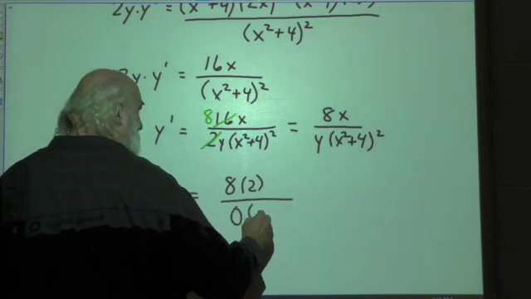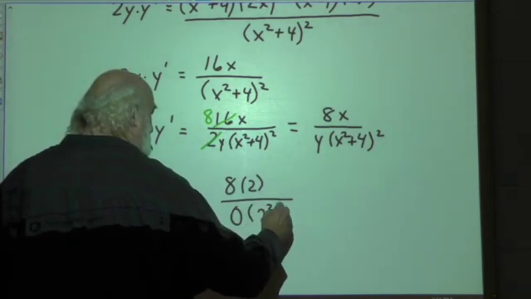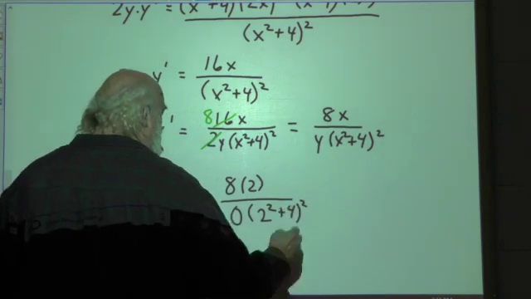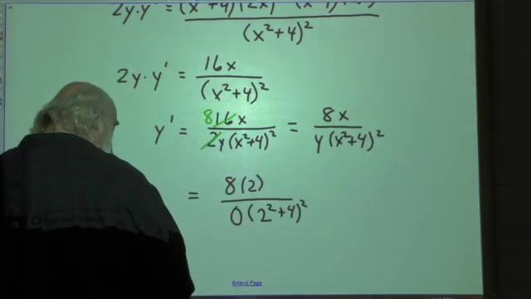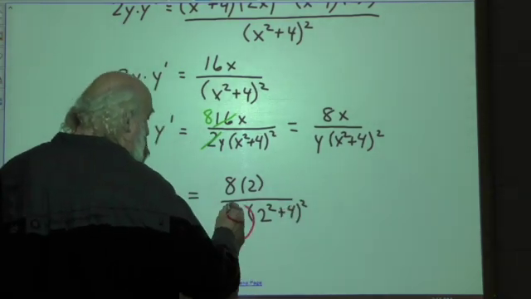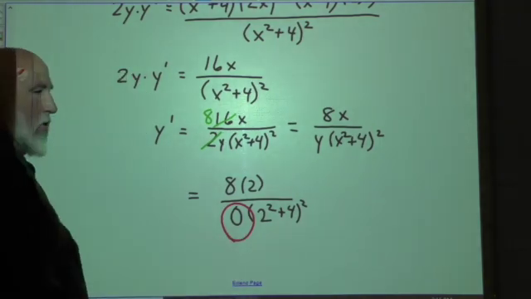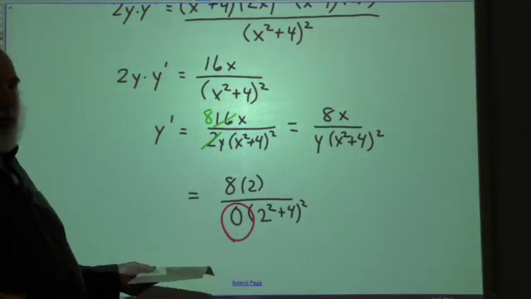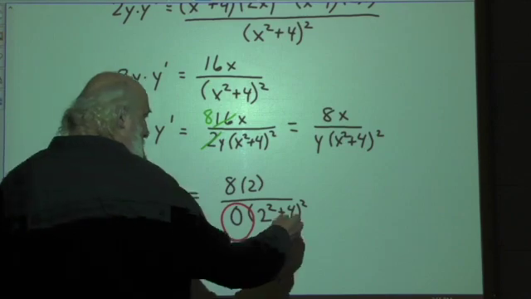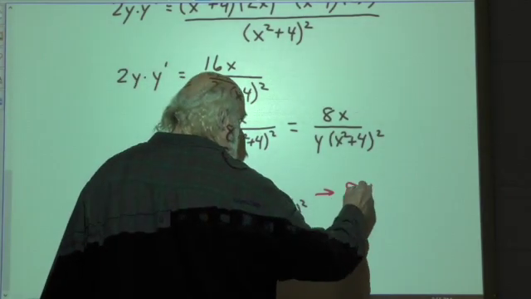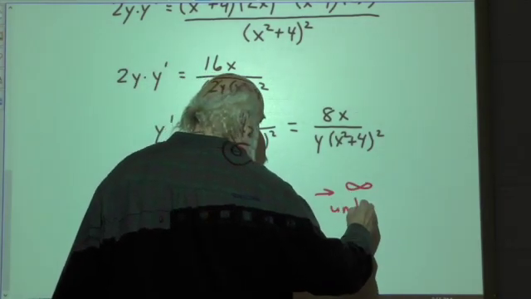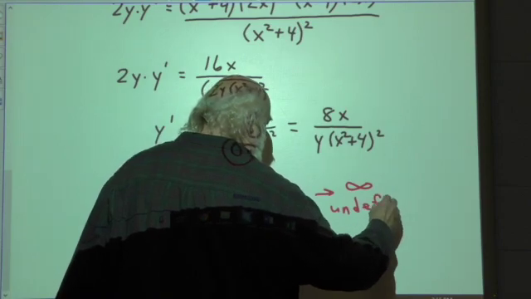Holy smokes! Well, let's put the 2 squared in there anyway. That's 4 squared. Yeah, issue. I'll use red on this one because that tells us that we have a denominator of 0. 0 times anything equals 0. So this is undefined.